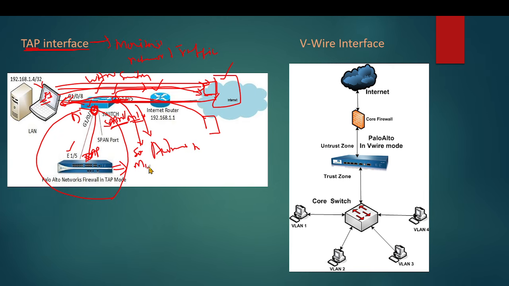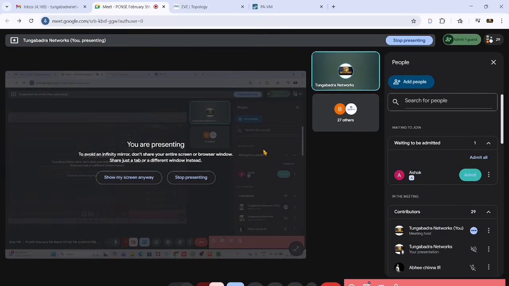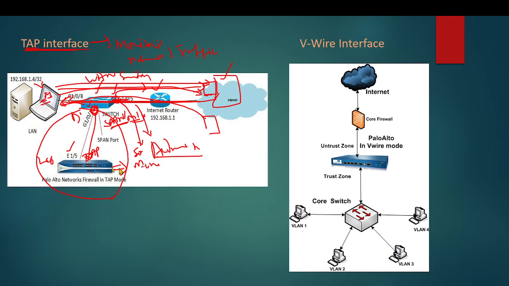We have discussed monitoring and logging: once the traffic is received on the firewall, it will log the traffic, and the traffic logs will be available. Whenever the administrator wants, he will log into the firewall and take the report.